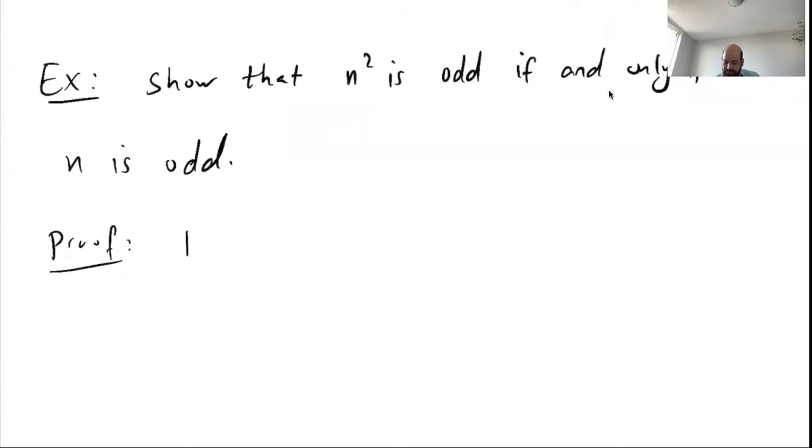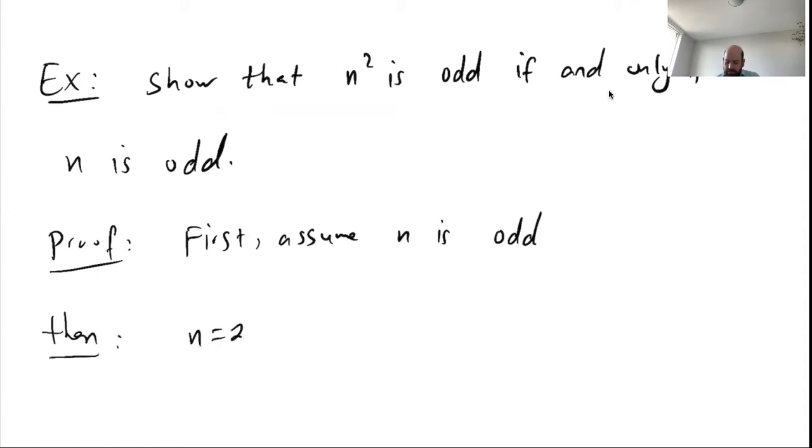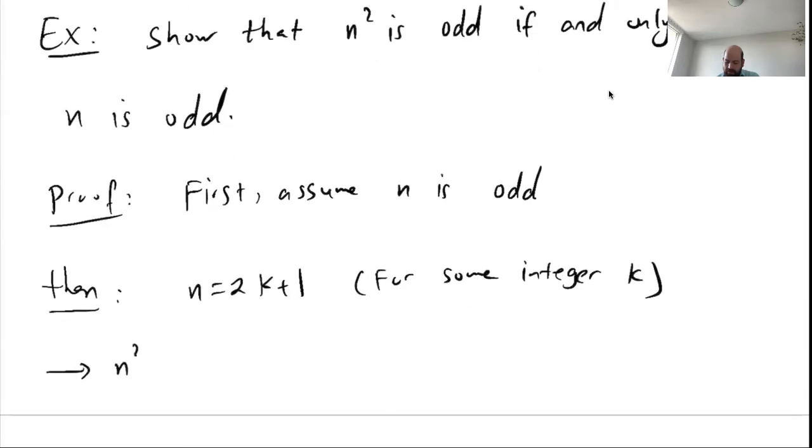So first, assume that n is odd. Then n is equal to 2k plus 1, for some integer k, and therefore n squared will be 2k plus 1 the whole squared.